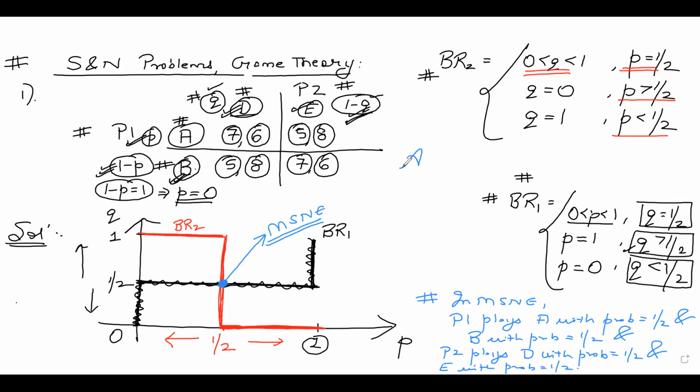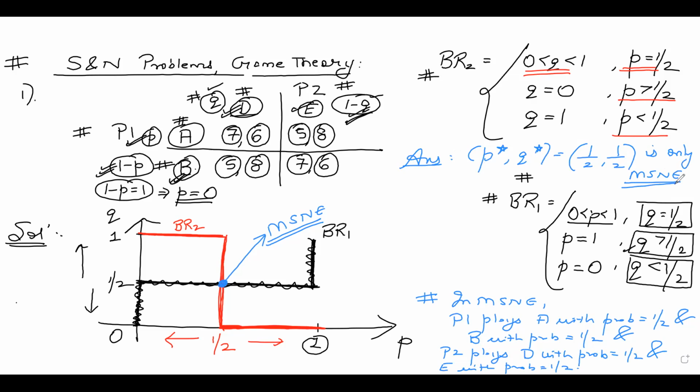So the answer for this question is the mixed strategy Nash equilibrium P star, Q star is equal to half comma half. It is the only mixed strategy Nash equilibrium.